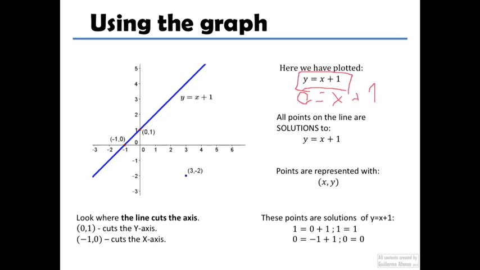Well, x is going to equal minus 1, so that will be a solution, and that will be this point here. So we can find the solutions for x equals 0 and y equals 0 with the places in which the line cuts the axis. And that's another very important thing about graphing, which is that it's going to tell solutions for y and x equaling 0.